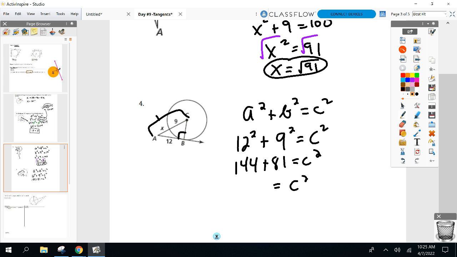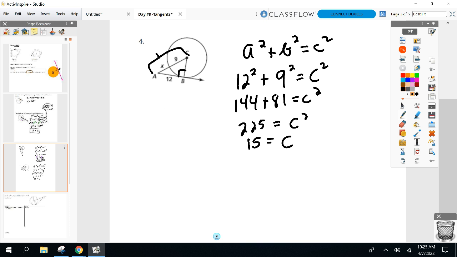What is that, 225? So how long is the whole hypotenuse? 15 units long. Now, okay, the whole thing's 15, so if I want to find x, 15 minus 9, I'll just get a 6 spot. All right.